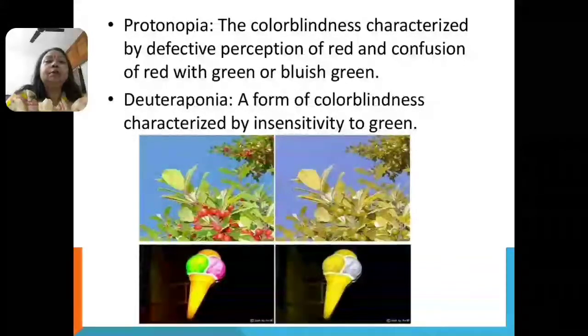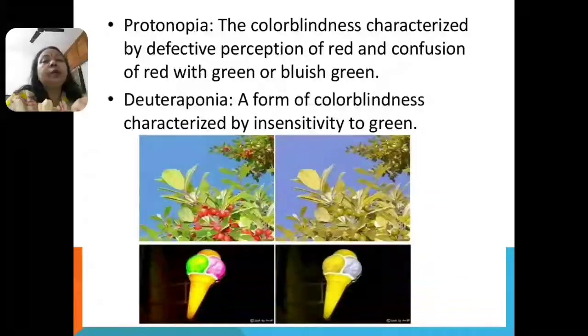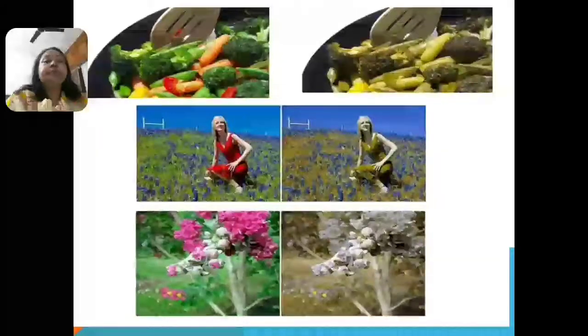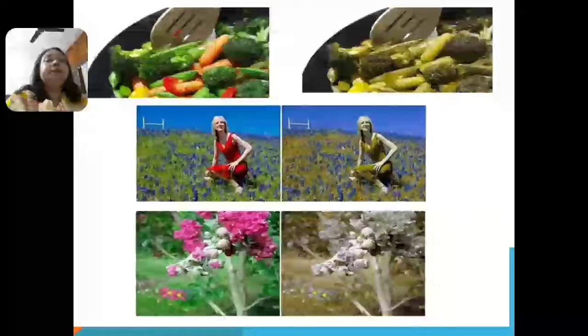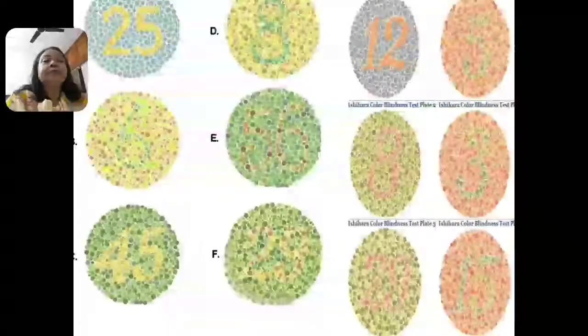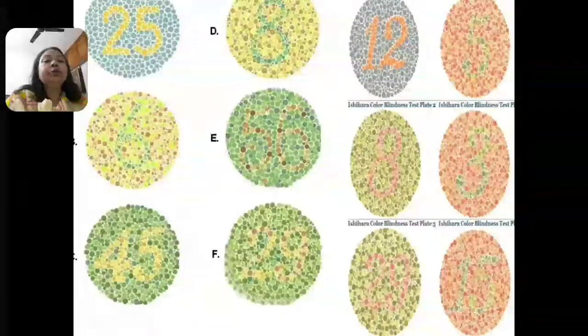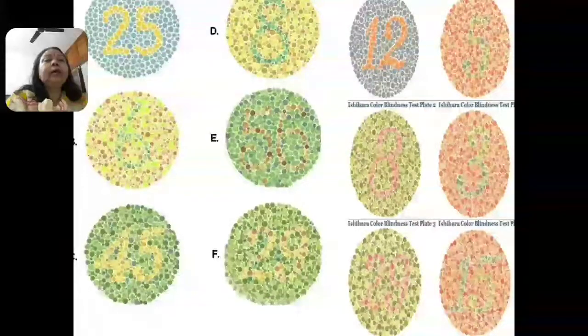There is always a confusion. Deuteranopia, a form of color blindness characterized by insensitivity to the green color. The person is not able to identify the green color. Look at the picture also. This is the picture by which a person can be examined for color blindness.